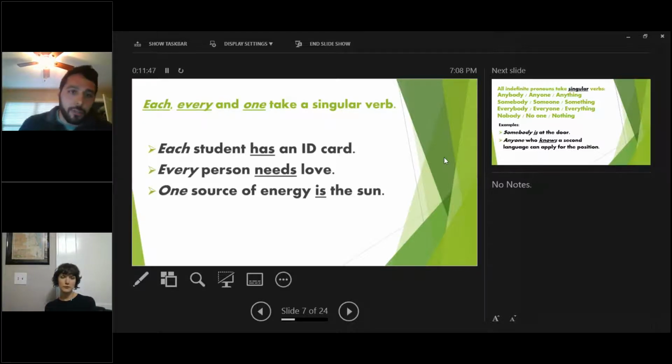Every is another one. Every person needs love. So every person, needs is the verb, and the singular version of that verb has an S on the end, like we've been saying. One is another one. One source of energy is the sun. And so one is modified by is, being the singular verb form of be.